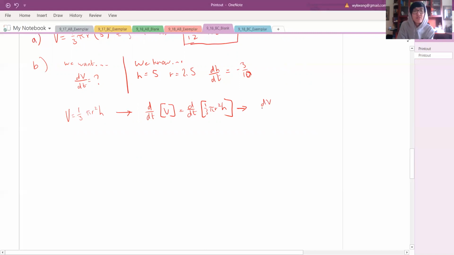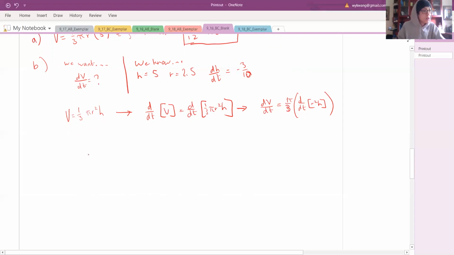So on the left side is dV over dt. Now the right side, 1/3 pi is just a constant, so let's pull that out: pi over 3 times d over dt of r squared h. Cool.